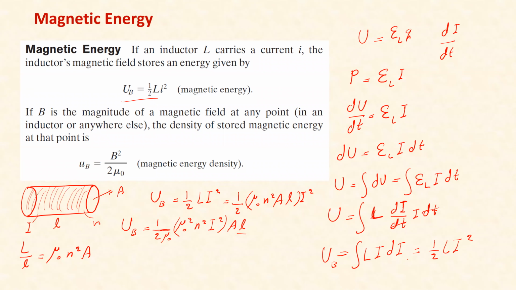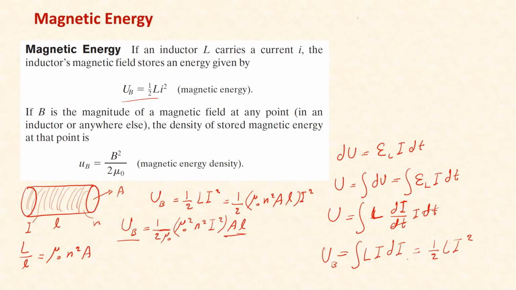What is this A times l? This area times l. What do you think that is? What is A times l physically? It's a volume, the volume of this cylinder, right? And this is the total energy in that volume.